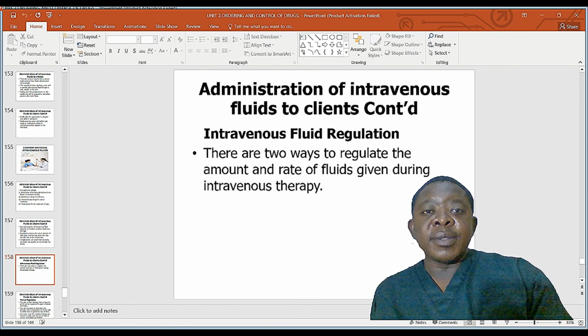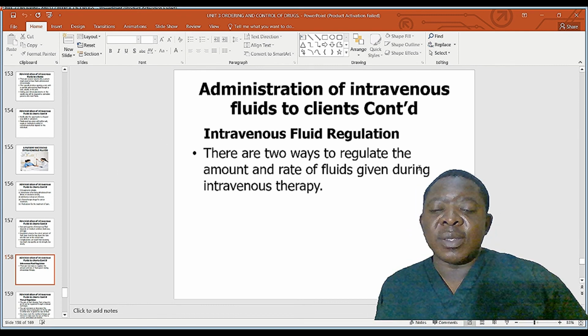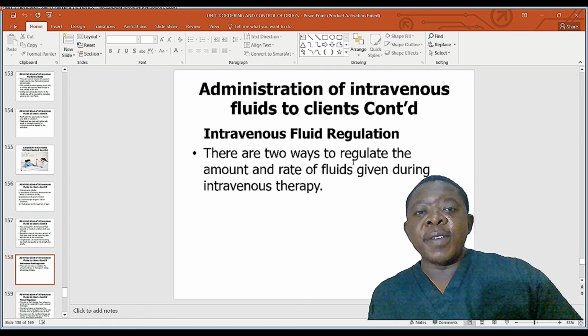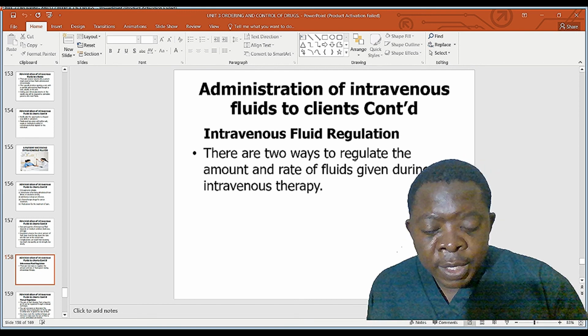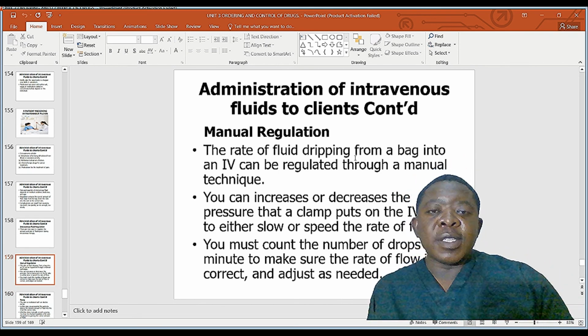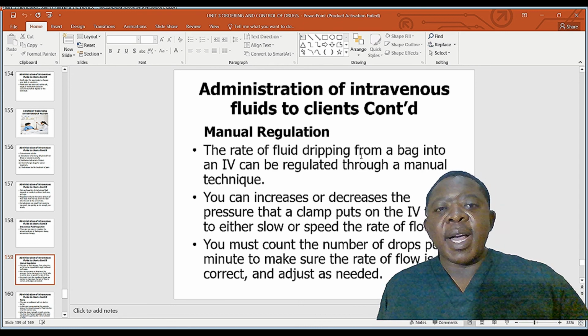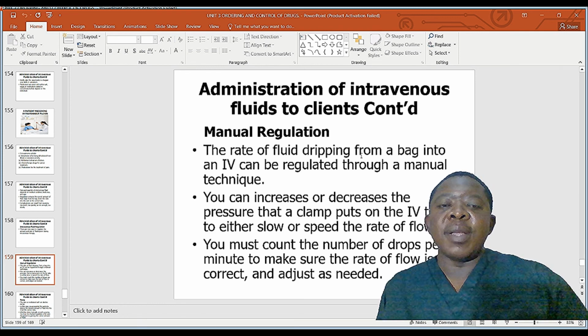Okay, so intravenous fluid regulation, there are two ways to regulate the amount and the rate of fluid given during intravenous therapy. So there is manual regulation. The rate of fluid dripping from a bag into an IV can be regulated through a manual technique.